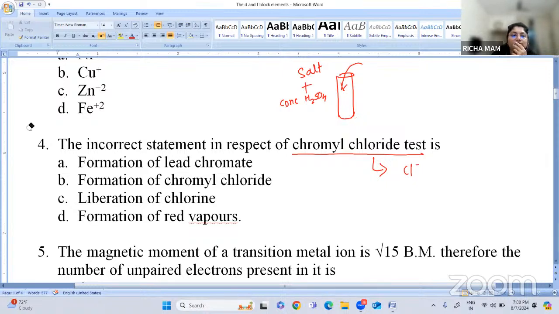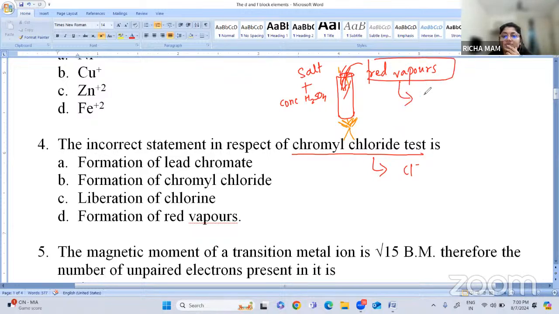After heating, vapors can be seen. These will be deep red, red orangish vapors, and this tells you that they are chromyl chloride vapors.